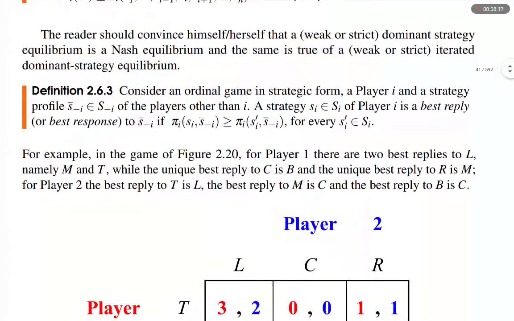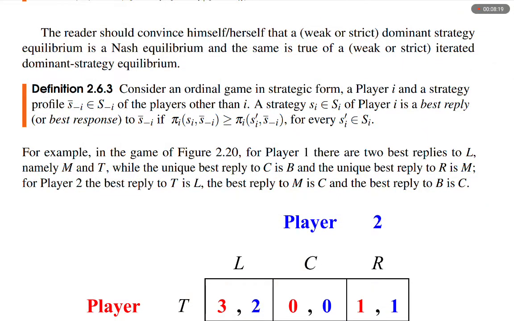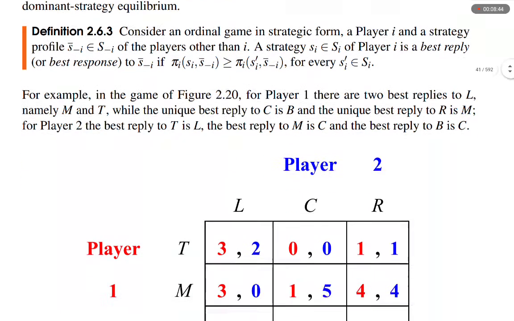The reader should convince himself or herself that a weak or strict dominant strategy equilibrium is a Nash equilibrium, and that the same is true of a weak or strict iterated dominated strategy equilibrium.